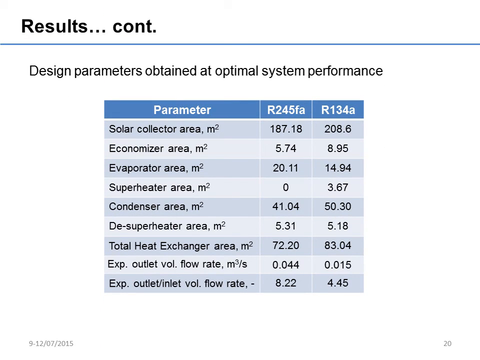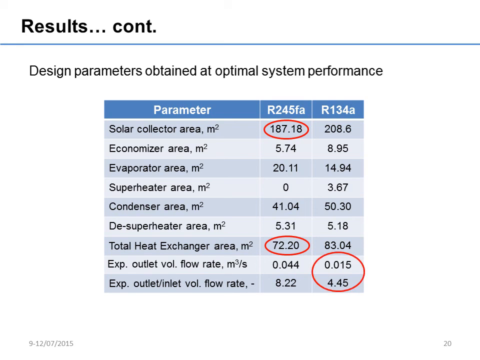The other results are related to the solar collector area and the different components of the heat exchanger areas. So we can see that R245FA requires less solar collector area and of course less cost. The total heat exchanger area for R245FA is less as well, with 72, and that for R134A is 83 square meters.